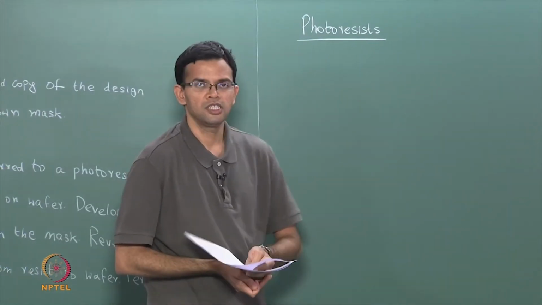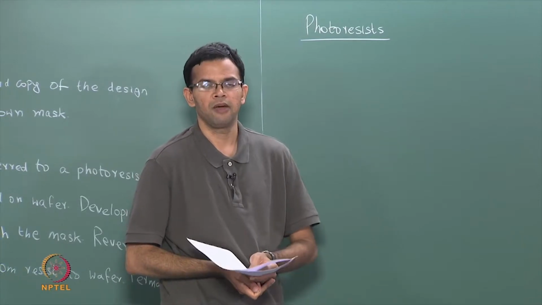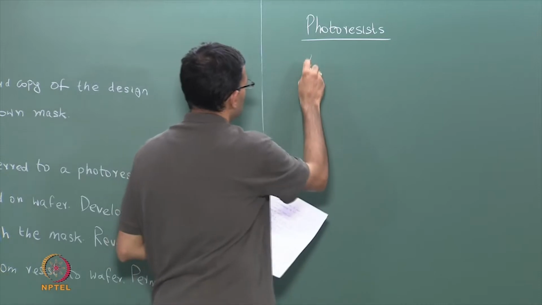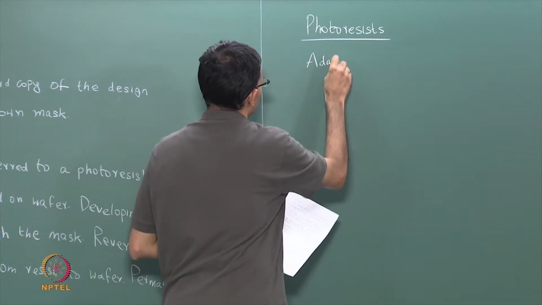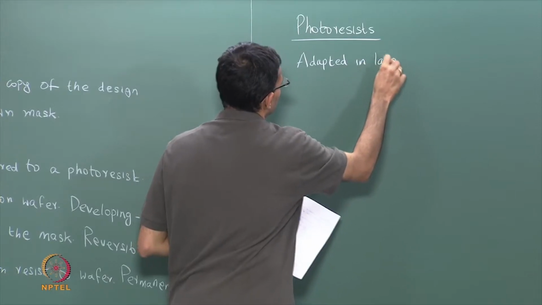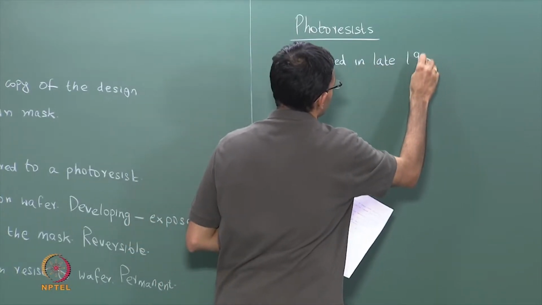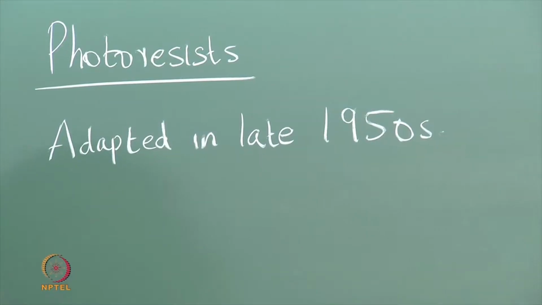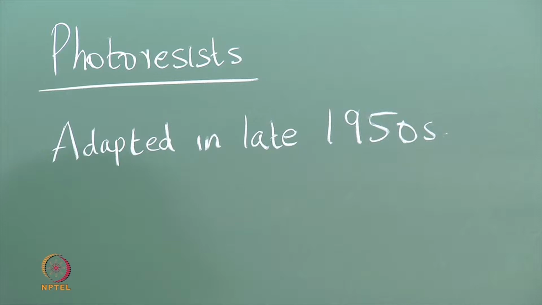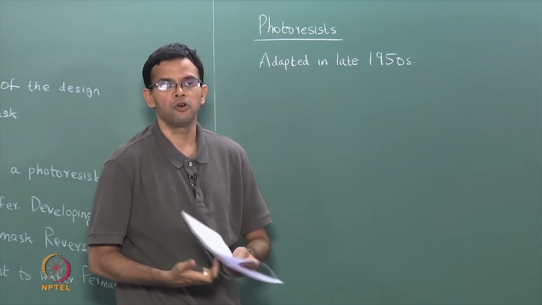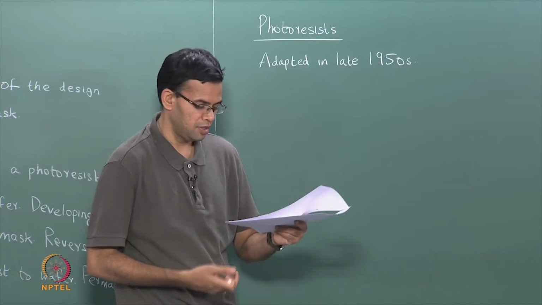So the photoresist was adapted by the wafer fabrication industry somewhere in the late 1950s. So this is a concept that is somewhat taken from the world of photography, where we know we always have a film that is exposed and developed and then printed.